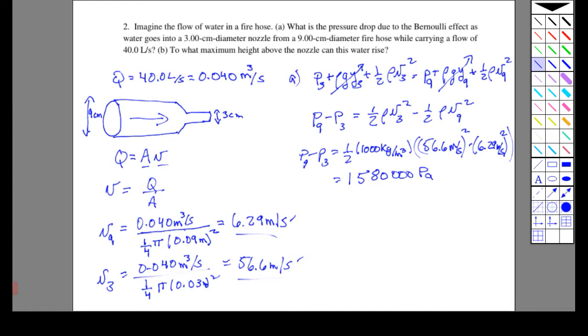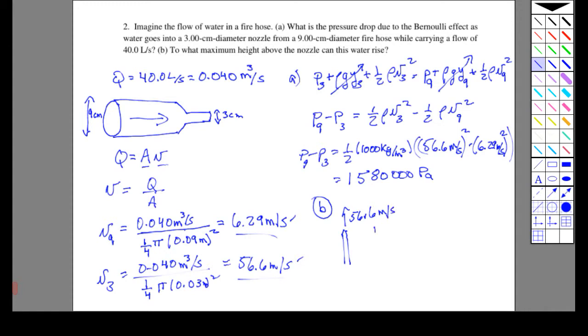So B, to what maximum height above the nozzle can this water rise? Well, there's a couple ways we could do this. So the water is flowing out of the nozzle. It's flowing at a certain speed. So if we shoot this water straight up with speed 56.6 meters per second, we can use conservation of energy actually.